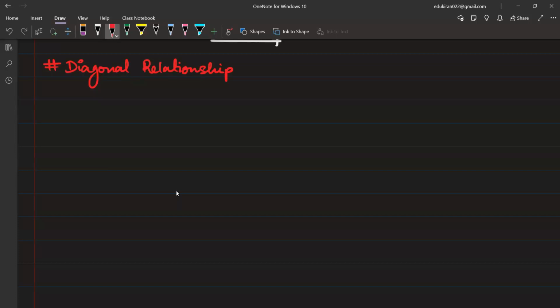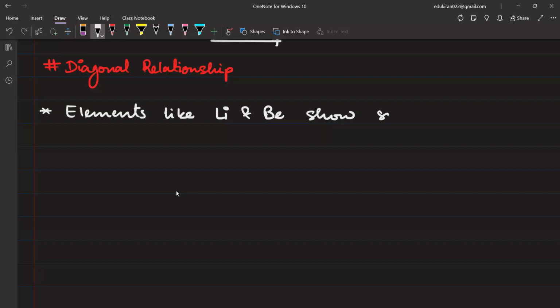When you see some elements, for example, please write it like this. Elements like lithium and beryllium show similarity with the second element of the next group.